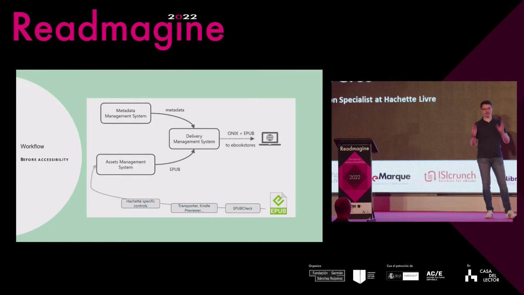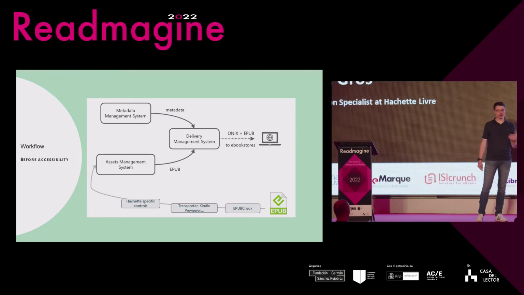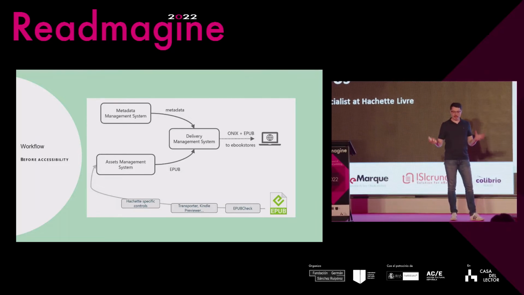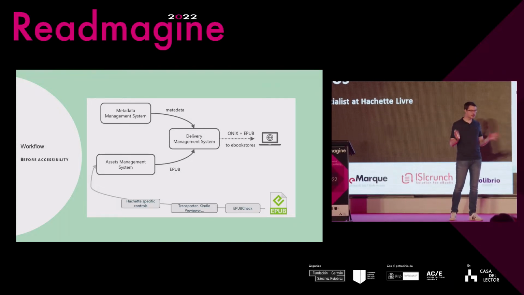So before accessibility, years ago, when we started to work a lot about EPUB 3 and even EPUB 2 and more, to explain what we have at Hachette, basically speaking, there are three existing systems.